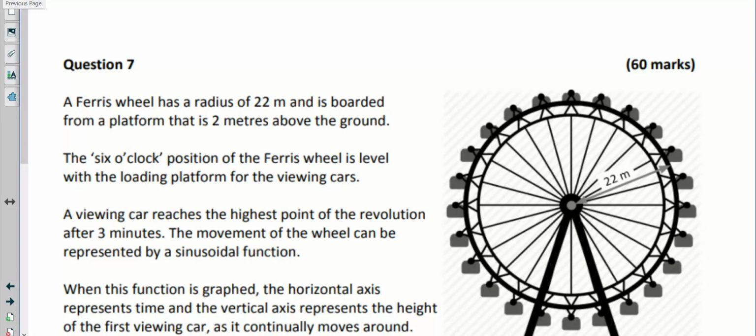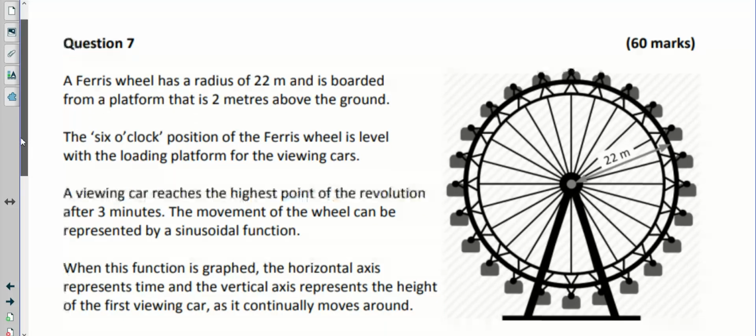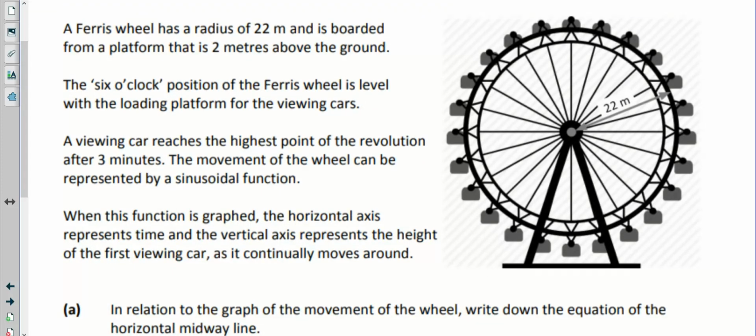Last question. Ready for this? Okay. What happens is we're 2 meters off the ground. Does that make sense here? We're 2 meters off the ground. Yeah? So, what height are you at the very top?